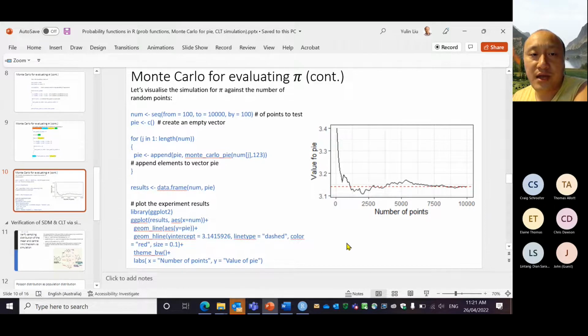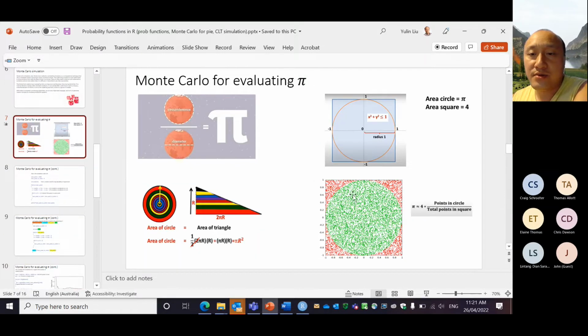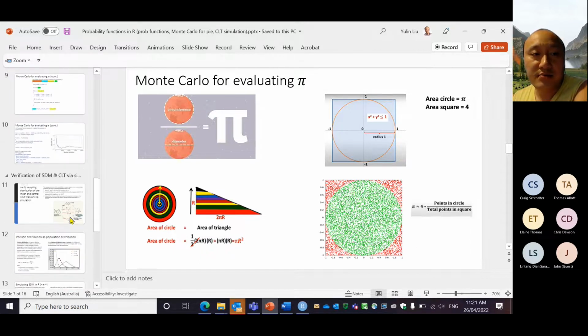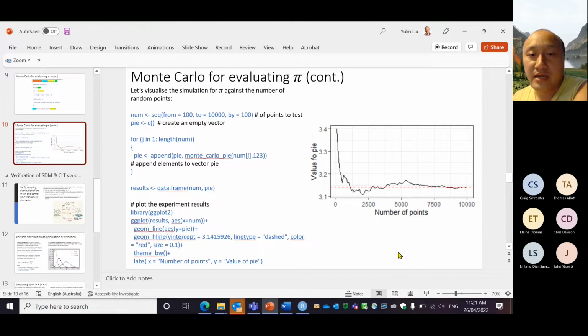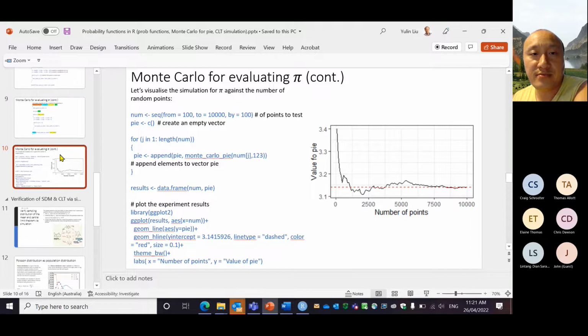We use the runif function to generate the x and y values of a point within this square. It's kind of an interesting exercise. We use a uniform function, a randomization function, and we also use some looping that we learned in the previous week.